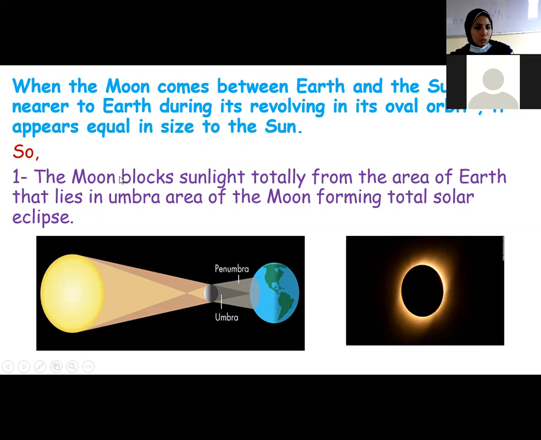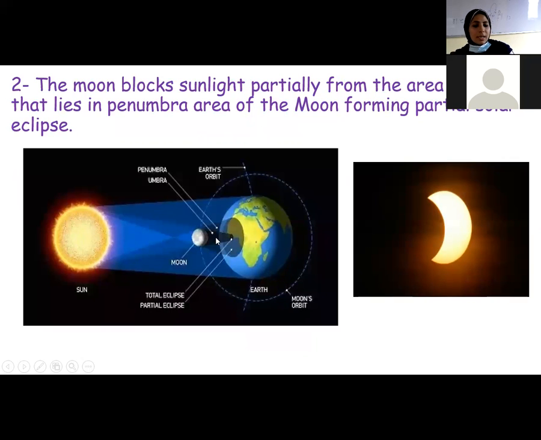Number one, the moon blocks the sunlight totally in umbra shadow, so it forms the total solar eclipse. Number two, the moon blocks the sunlight partially, so the partial solar eclipse happens in penumbra shadow. So this is the partial solar eclipse.